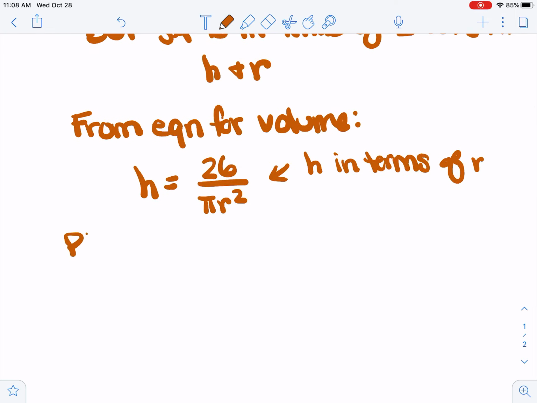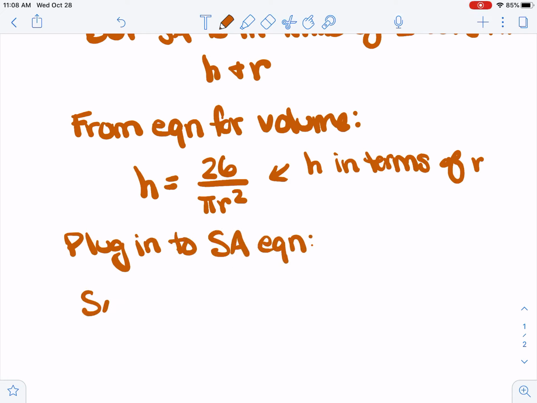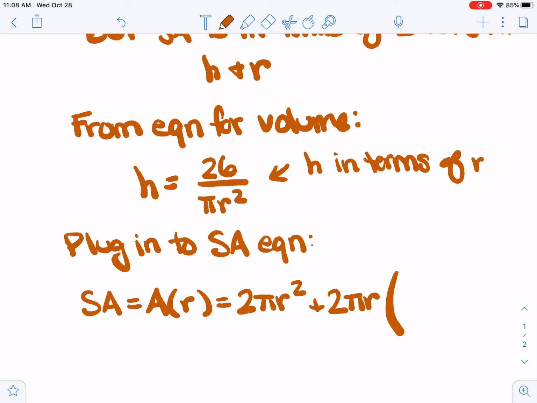We can plug that into the surface area equation, and let's just write area as a function of r. It is 2 pi r squared, the area of the top and the bottom, plus 2 pi r times h, which is 26 over pi r squared.